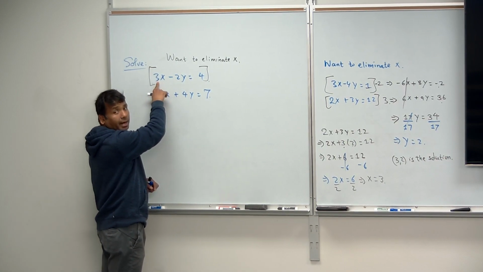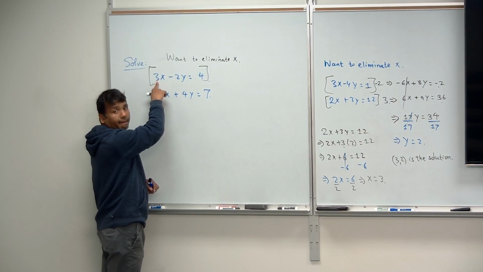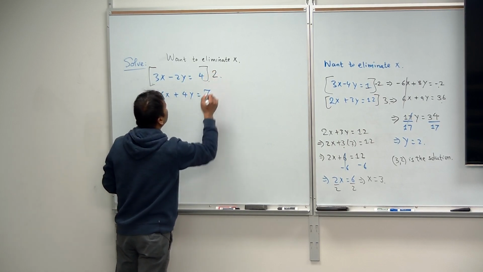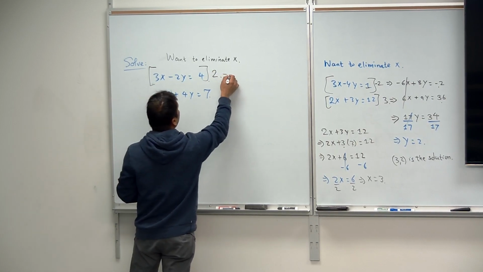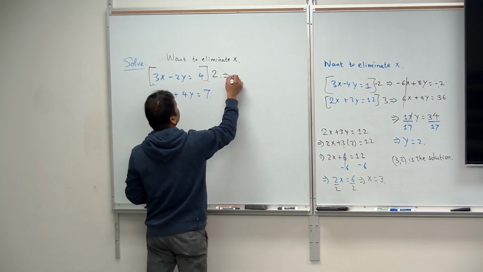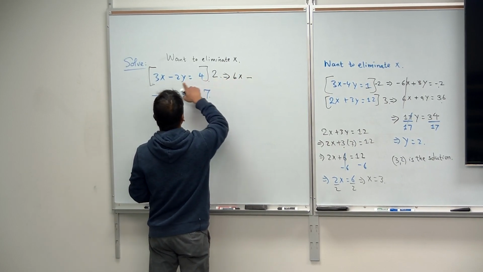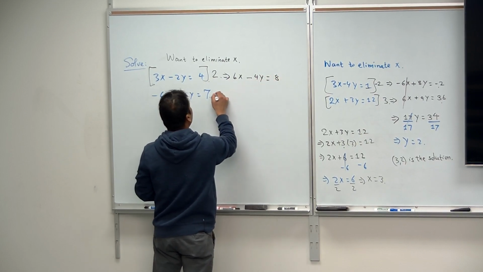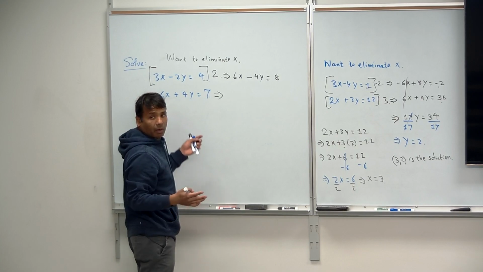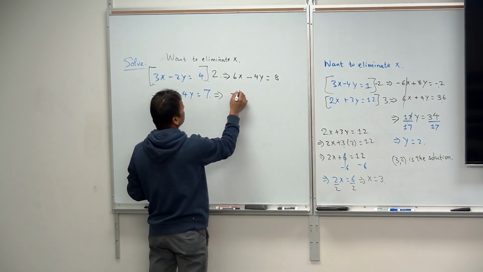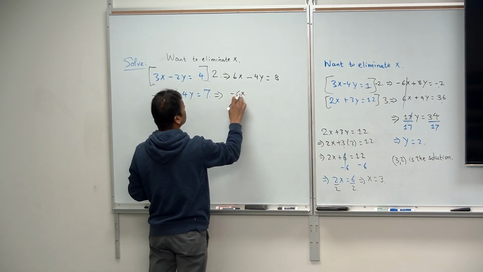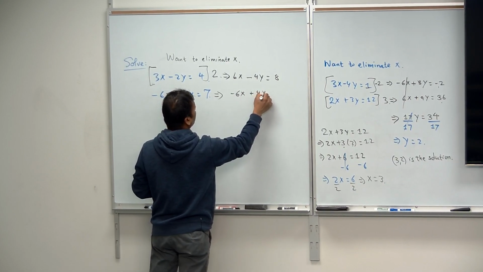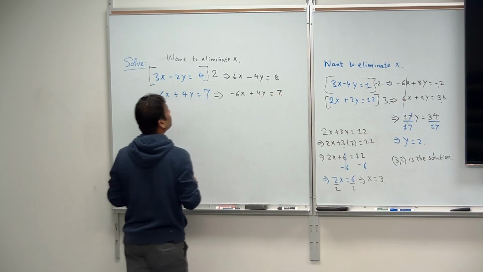Here 3, right? I have to make it 6. Yeah, multiply by 2. If I multiply it by 2, that will be 2 times 3x is 6x minus 2 times 2y is 4y equals 2 times 4 is 8, and the second equation has a negative 6x, so you have negative 6x plus 4y equal to 7.